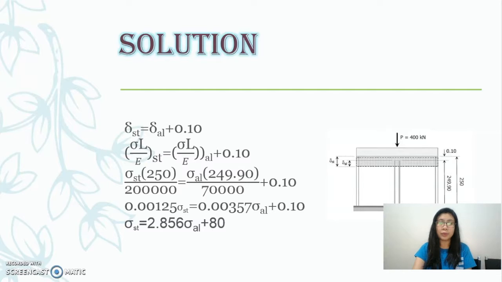We would substitute that equation to the deformation formula, which is this equation, and since there are given values for length and modulus of elasticity, we would substitute it to form this equation of the stress of the steel in terms of the stress of the aluminum.